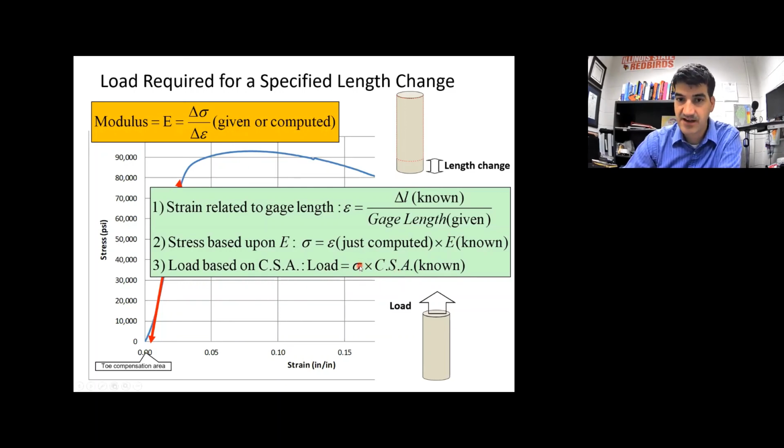You know the stress because you just calculated it, and you know the area because you know the dimensions of the part, or you can measure it. So with that, we can find our load force. That's how much load force you can apply so that the part will change in length by a specified amount. I probably should be indicating here that the gauge length changes by a certain amount.